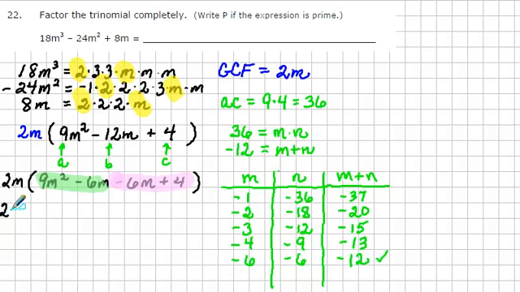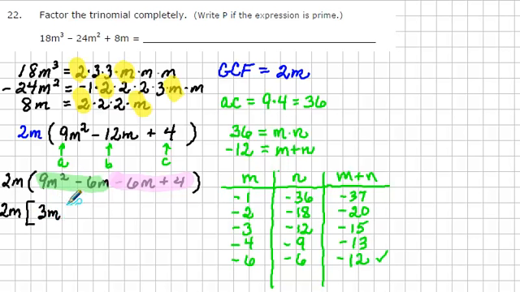So we have 2m, and I'm going to use a set of brackets now. So we look at 9m squared minus 6m, and we determine what is the greatest common factor of just those two terms. Well, 3 divides evenly into 9 and 6, and m divides evenly into each term. So the greatest common factor is 3m.